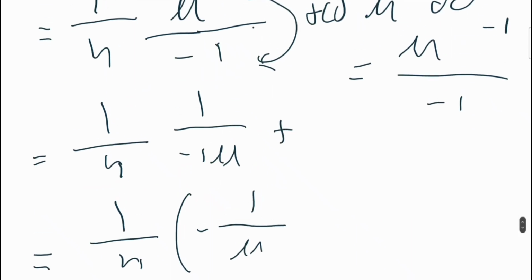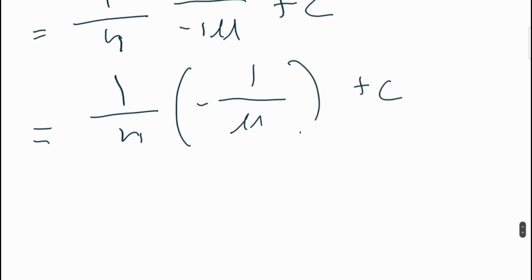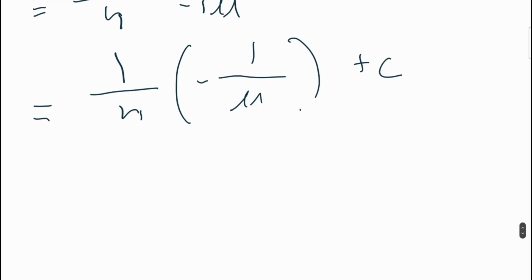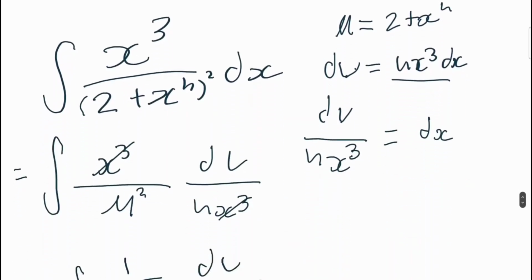And then we can't forget the plus c. That's a very important thing to remember. Plus c. So then we multiply the 1 and 1's and 4 and u's. So this is going to equal negative 1 over 4u, plus c. Now we'll just remember how earlier we set u equal to 2 plus x to the 4th.